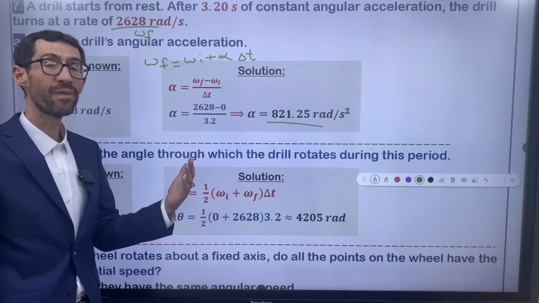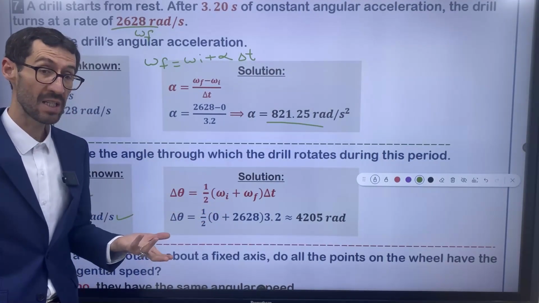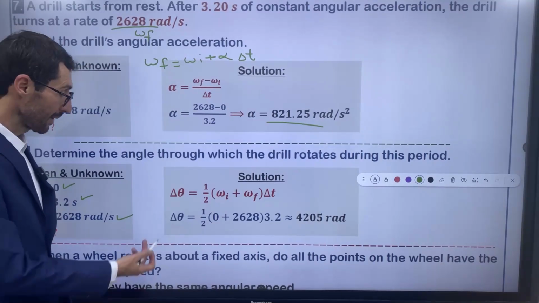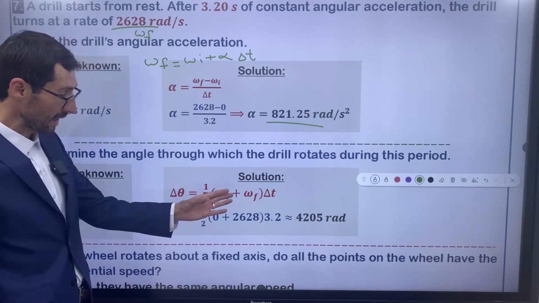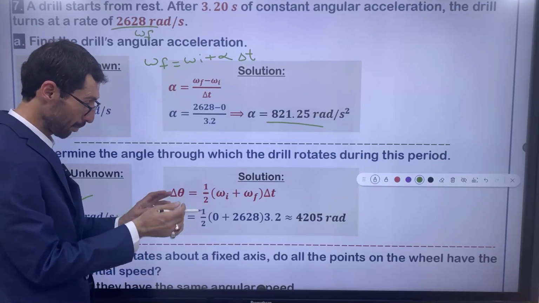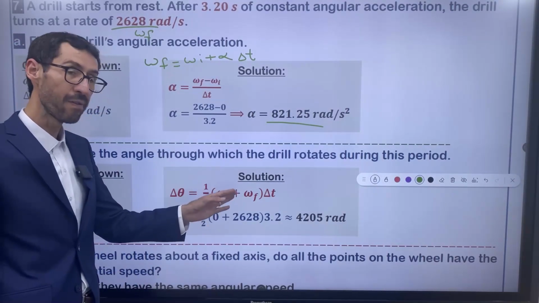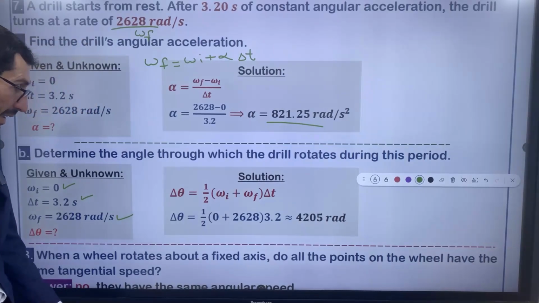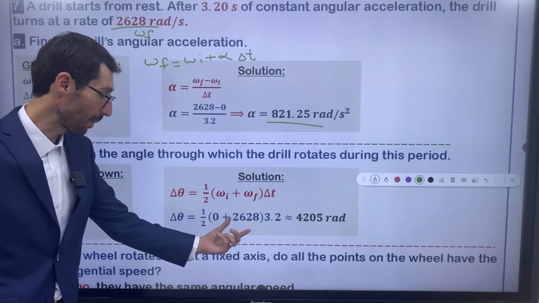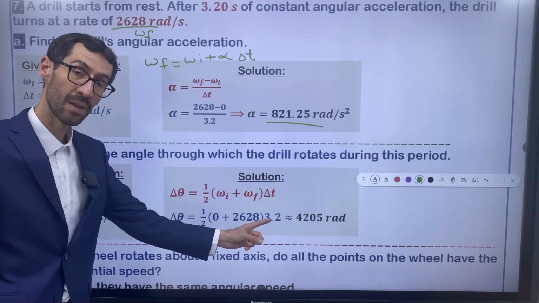By using one of the kinematic equations in angular motion. This equation works. It's very easy. Delta theta is equal to 1 over 2, bracket omega I plus omega f, multiplied by delta t. Substitute the value: omega I becomes 0, omega f becomes this number, multiplied by 3.2.